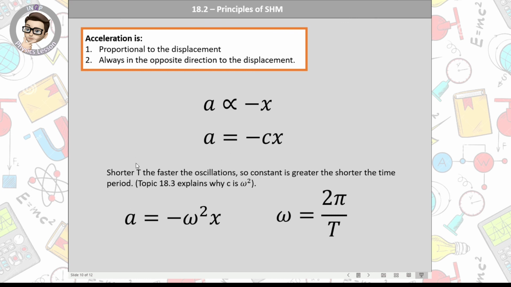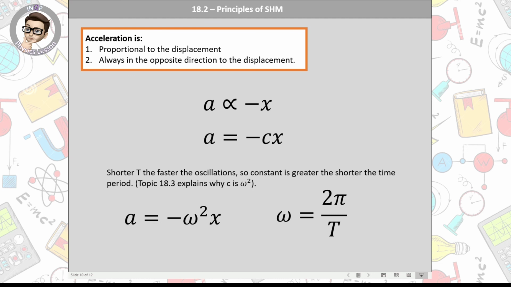Now, an important thing that we need to understand here is the shorter the time period, the faster those oscillations are. So the constant is going to be greater the shorter the time period. And we'll come back to that in topic 18.3. So next lesson, we'll explain a bit more why this c value is omega squared. But for the moment, just accept that it is.